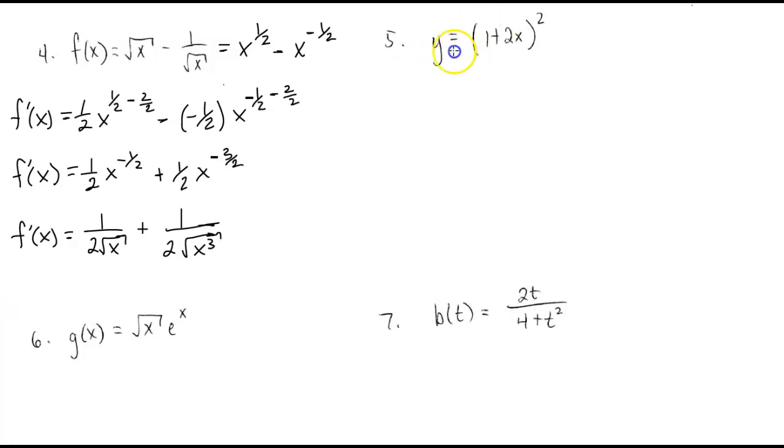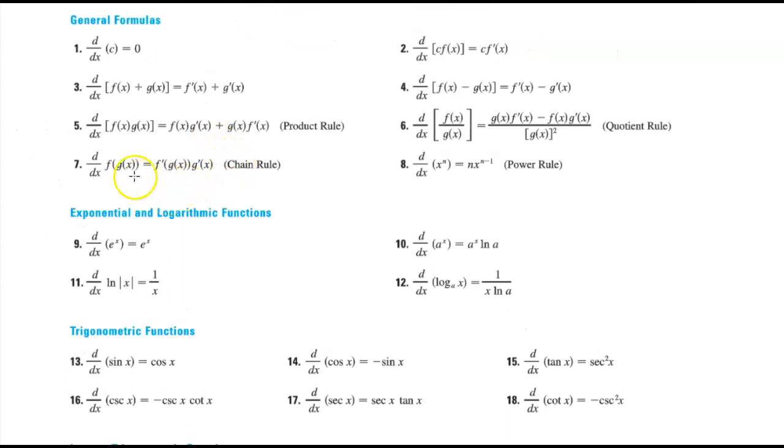All right, so let's look at example 5 here. Now, example 5, if you notice, is a composition function, okay? Which means we have a function, namely 1 plus 2x, stuffed inside of another function, namely something squared. And normally we just say x squared. Now, note that one way that we can do this derivative is to use what's called the chain rule, okay?